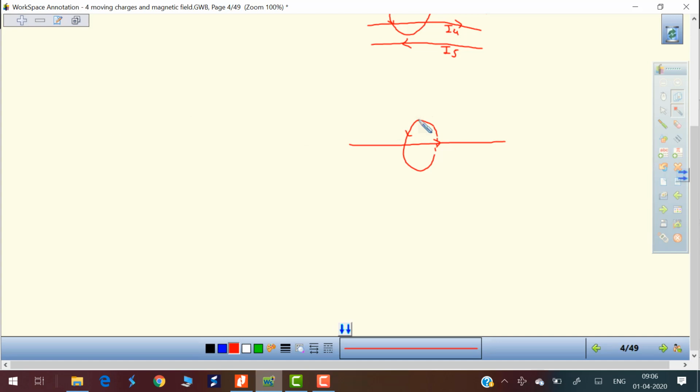Looking at symmetry, the magnetic field is constant, so I can take B outside.